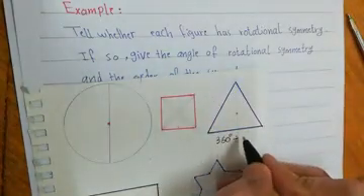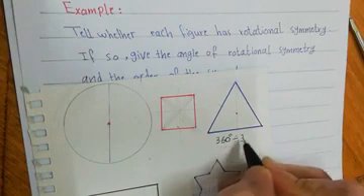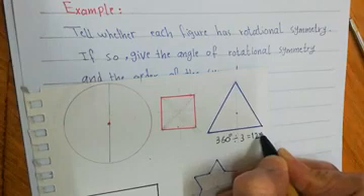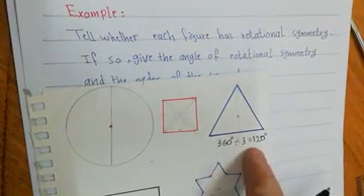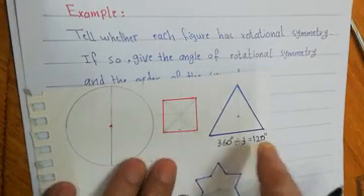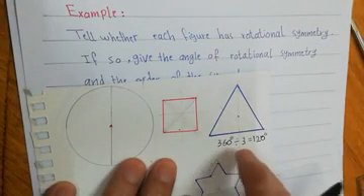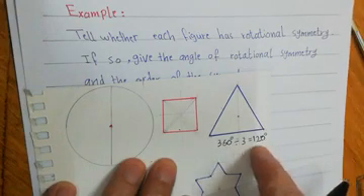So the order of symmetry is 3. If you divide 360 by 3, you will get 120 degrees. This is the angle of rotational symmetry. So the order of rotational symmetry is 3, and the angle of rotational symmetry is 120 degrees.